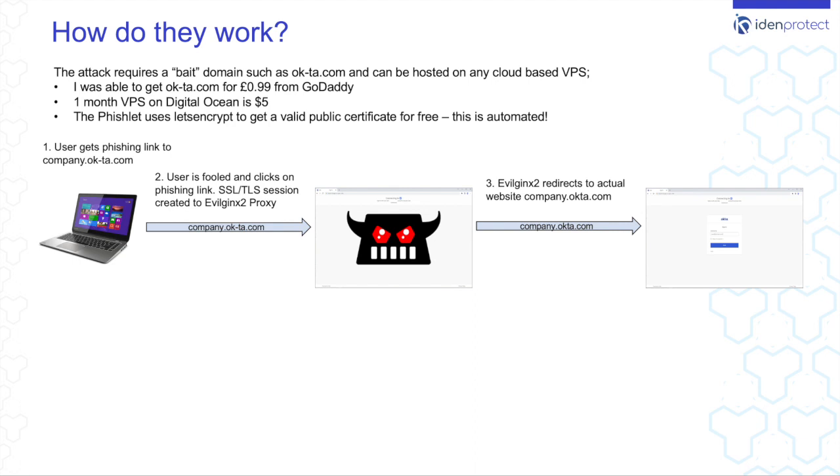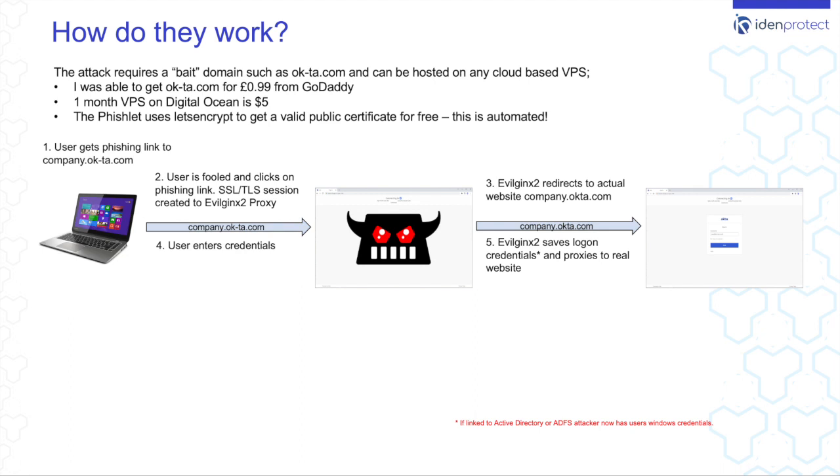So the user actually sees the site they're expecting to see. The only thing visible is if they look in the address bar of whatever browser they're using, they might see that it's the wrong domain. But apart from that, everything else looks correct. Because it looks correct, the user enters their credentials. Now this is forwarded to the real site, but Evilginx2 as a transparent proxy will harvest these credentials.